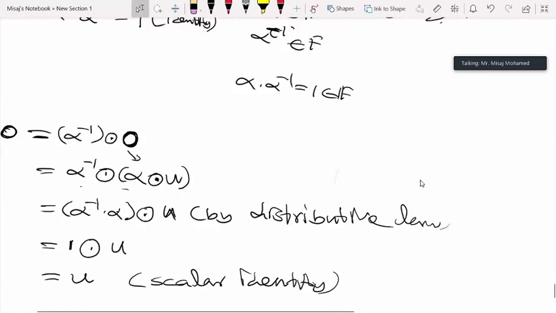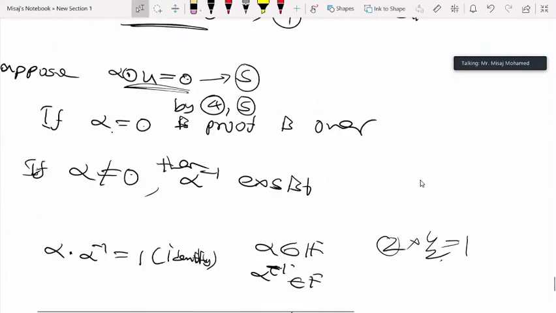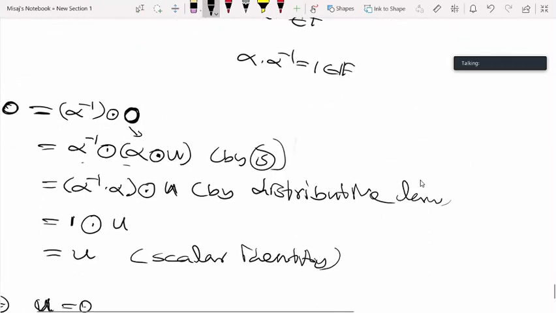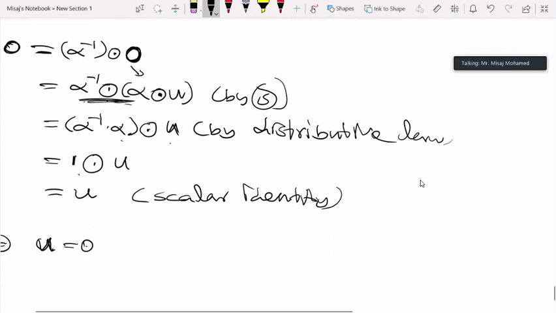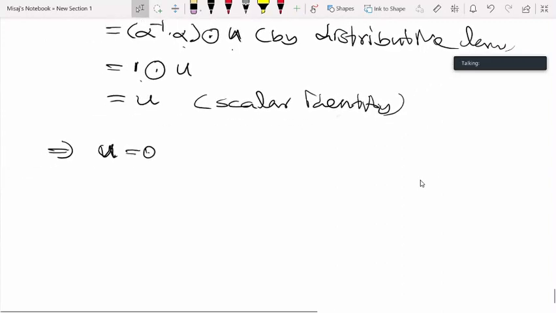Right. So consider again alpha; instead of 0, I can put alpha dot u. I will take out these two scalars, and alpha inverse into alpha dot u, which is 1 dot u, equal to u. Then which becomes 0.